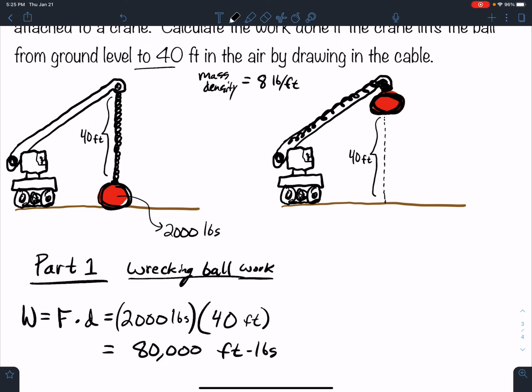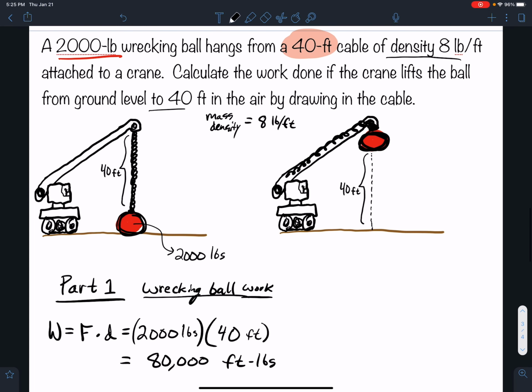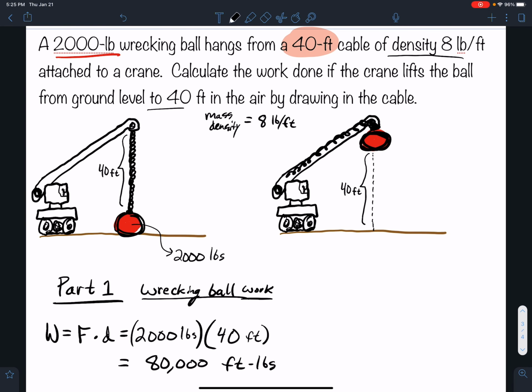Now, the other part of the scenario we have to think about is kind of what we've been dealing with in the first couple of problems. It's lifting this chain. As I lift the chain, it takes more work to lift the whole chain than whenever I've only got half the chain left. That amount of chain weighs less; its weight overall is less than when it was extended out 40.